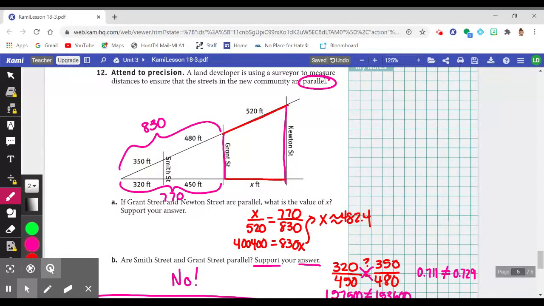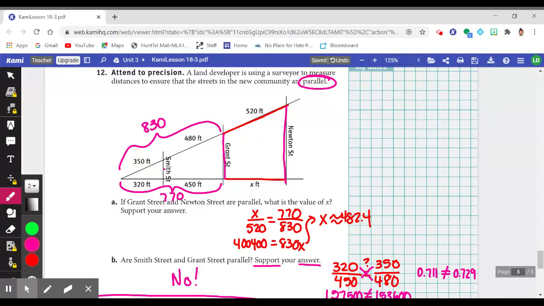Okay, hopefully you took some time before playing through the video. But let me explain what's going on here and why it's super important how we found our answer to item A. So it says if Grant Street and Newton Street are parallel, what's the value of X? So we are not going to claim that Smith Street is necessarily parallel to Grant or Newton.